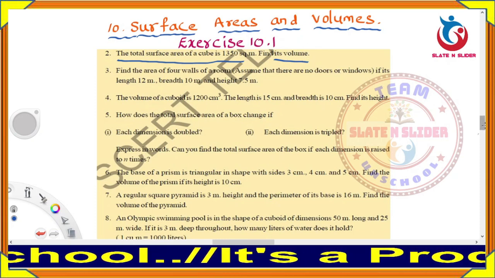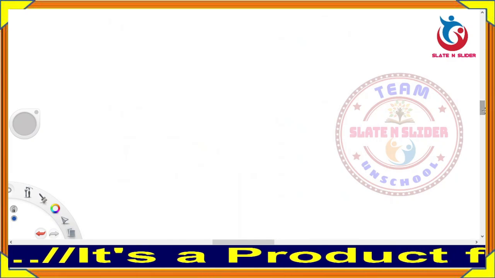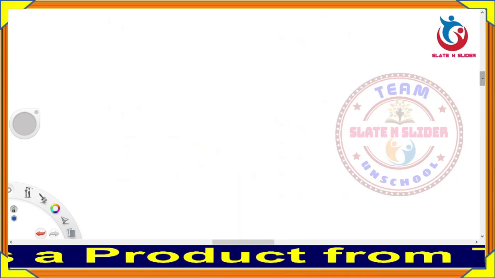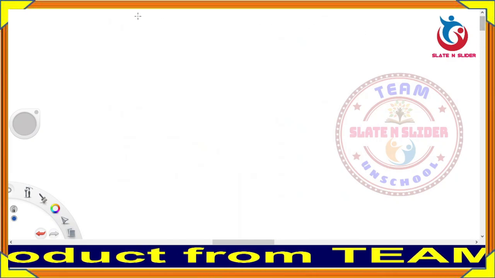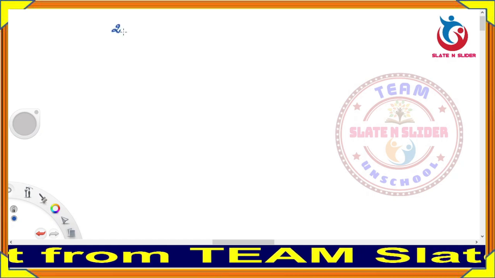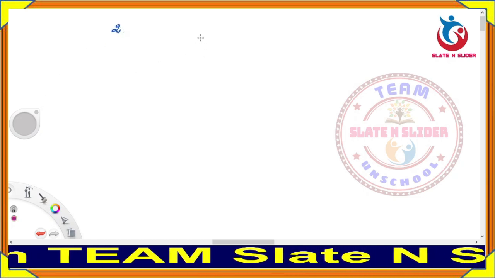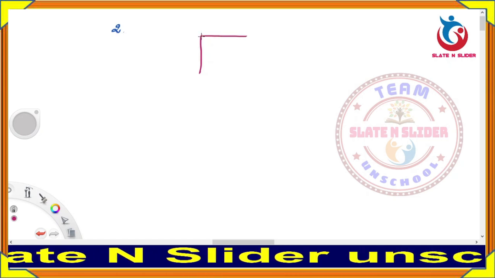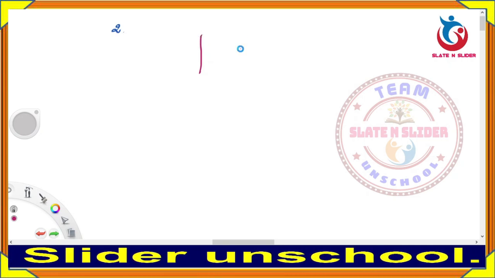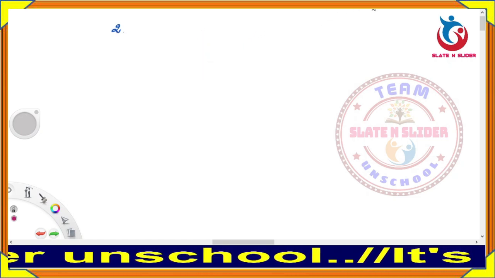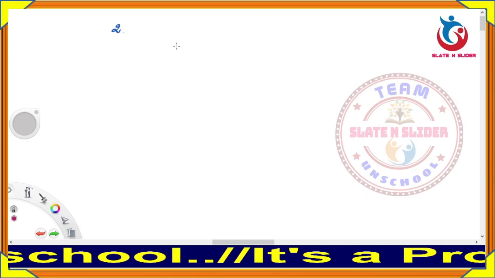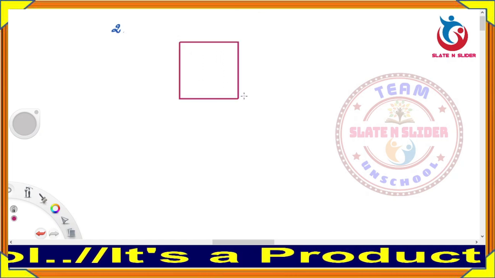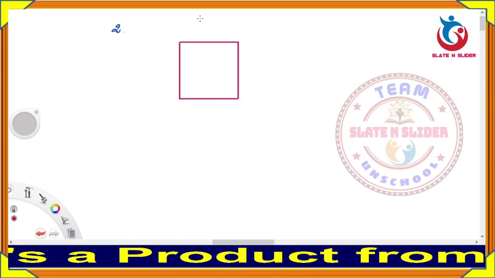First of all, before solving this, we have to draw the cube. How to draw the cube? Just observe. First you should draw a square. And again draw one more square like this.